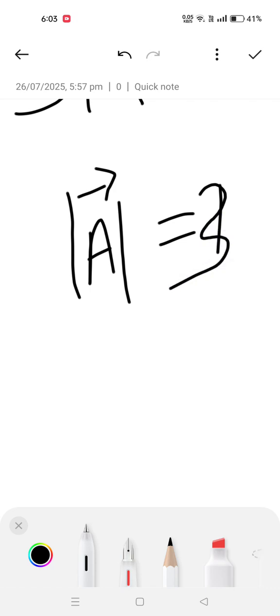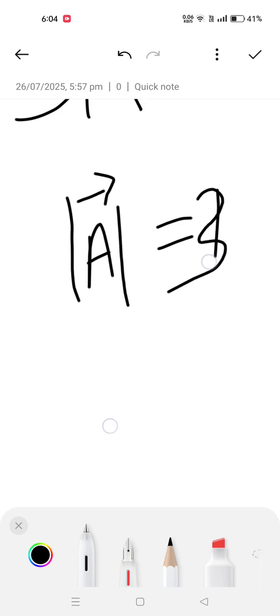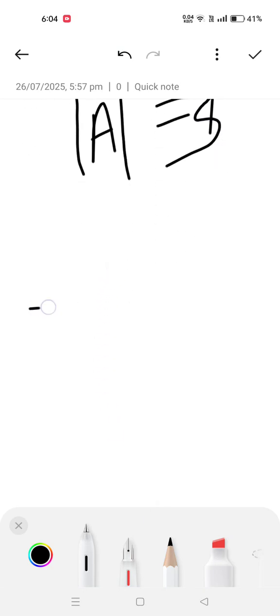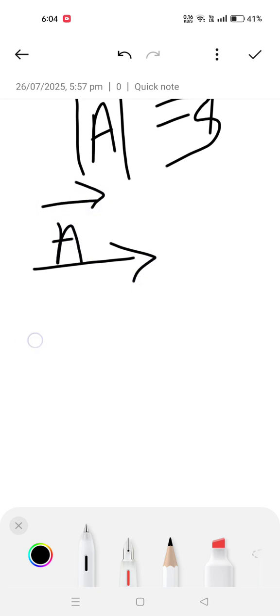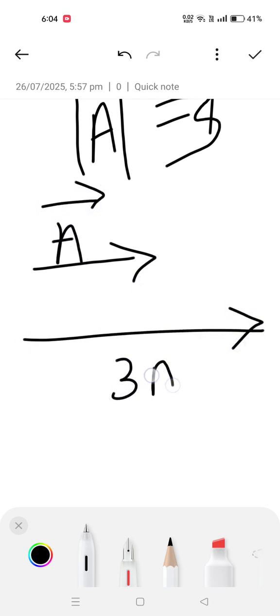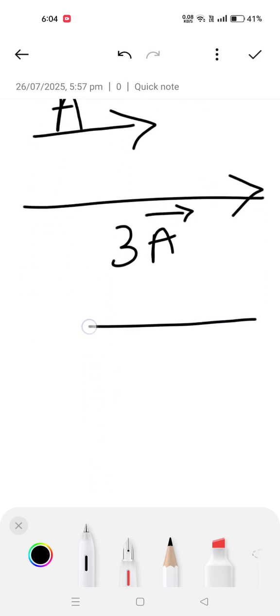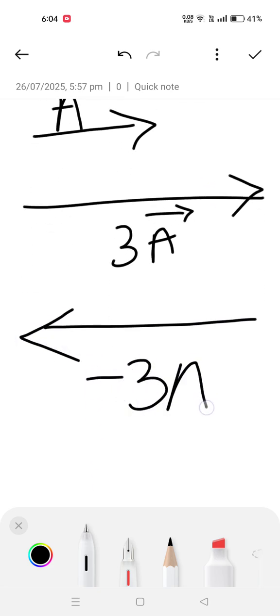But if it is multiplied by -3, then the magnitude is the same but the direction is opposite. So supposedly this is a vector a. 3a would be this, but -3a would be this, with the same magnitude, 3a.